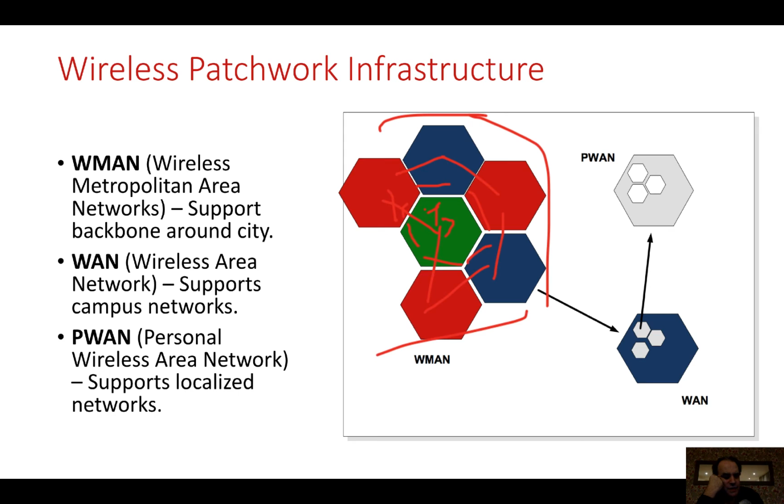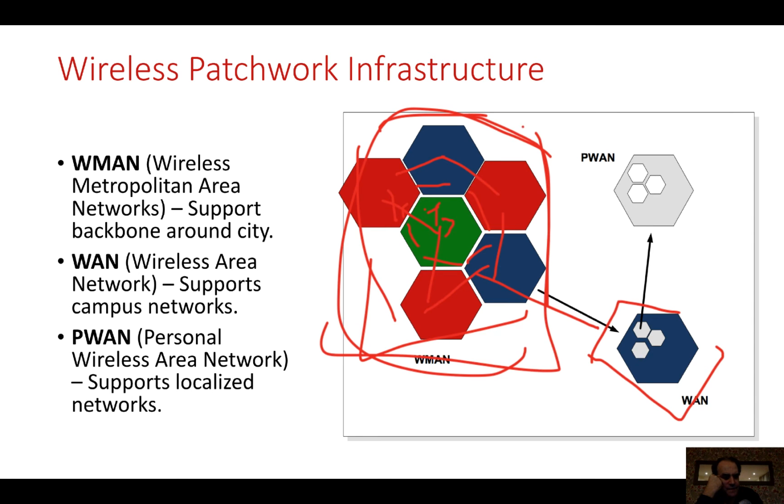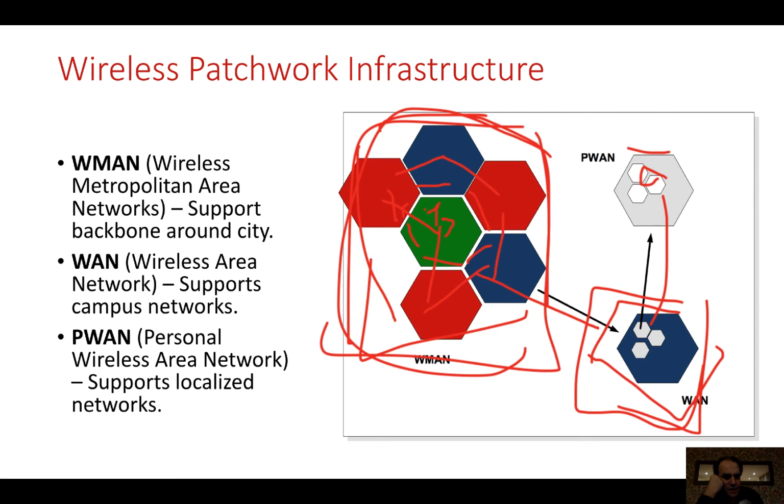Inside our wireless networks, we can have smaller networks within the larger area. If we go down to a smaller area, again, we can have smaller piconets inside our personal networks within each of the wireless area networks.